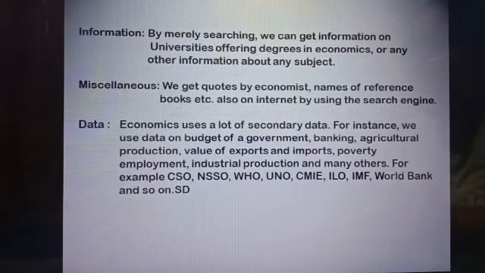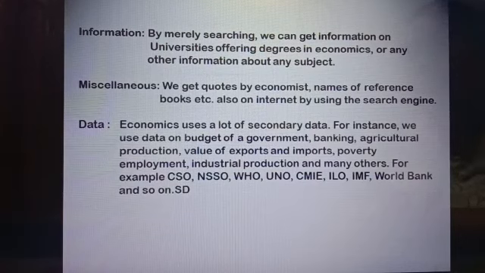When we are utilizing internet technology, particular information is very easy for us to get. That means when we are living at one place and we need some information about a course or any particular topic or degree related to our subject, it is going to be quite easy to get it right where we are.